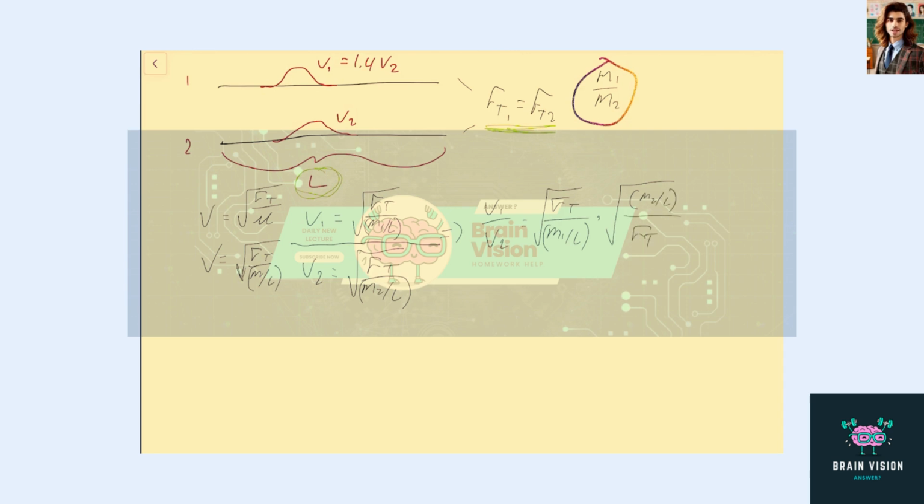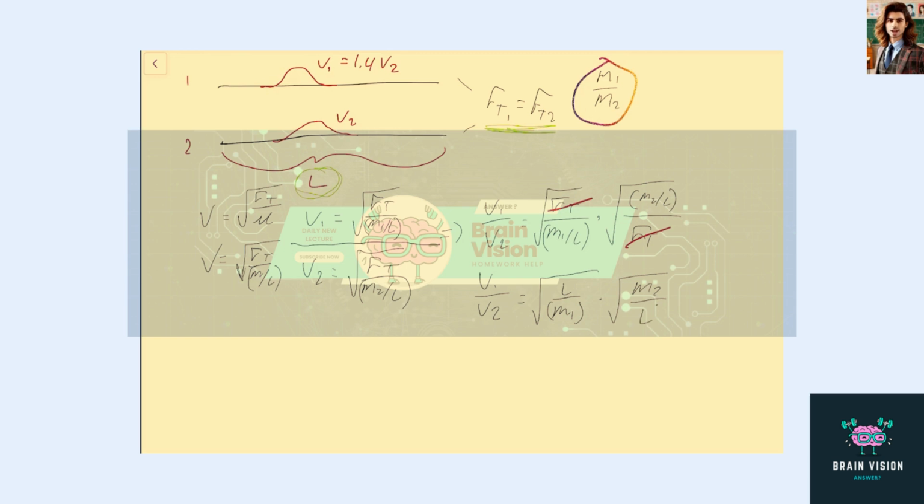As we're multiplying these together, you can see that we're starting to simplify already. Our tensions cancel out. And so we're left with V1 over V2 is equal to the square root of L over M1, since M1 over L was in the denominator, times the square root of M2 over L.